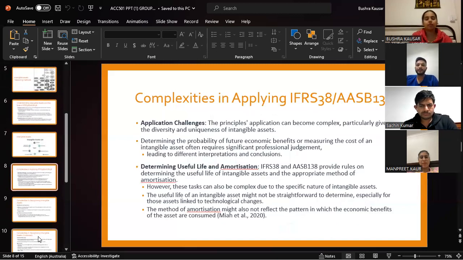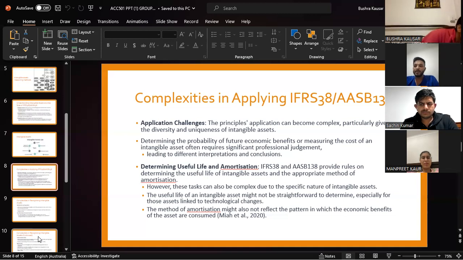However, the application of these principles can become a complex task, particularly considering the diversity and uniqueness of intangible assets. For example, the probability of future economic benefits flowing from an intangible asset often requires professional judgment, which could result in different interpretations and conclusions.